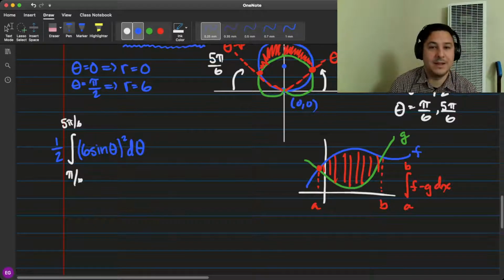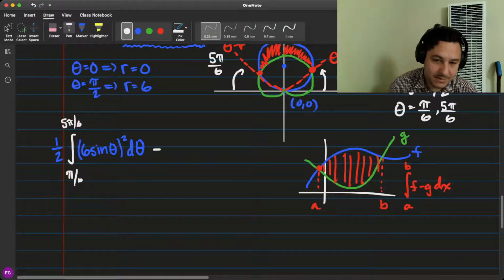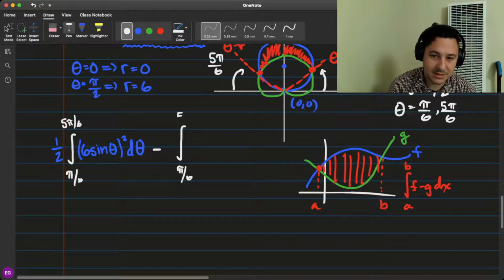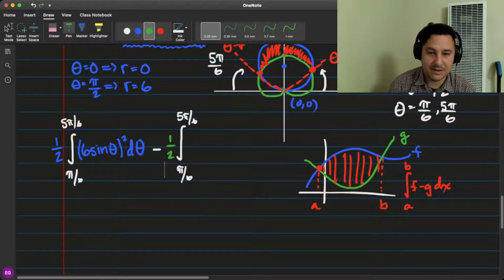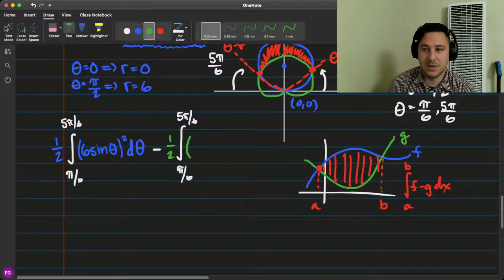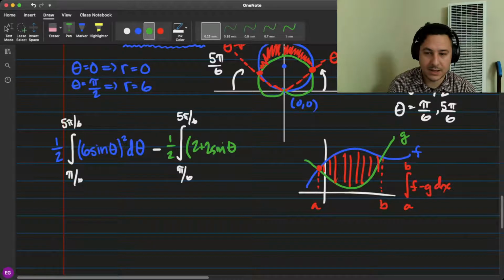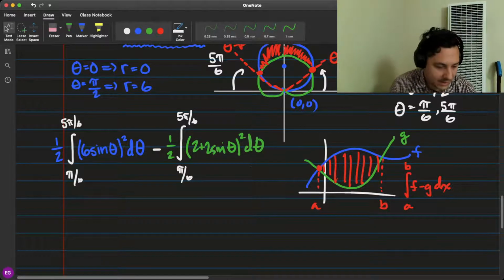And then I'm going to do the same thing, minus the integral from pi over 6 to 5 pi over 6, half, and then this one is 2 plus 2 sine theta quantity squared d theta. We can forget about the halves for now, but there it is.